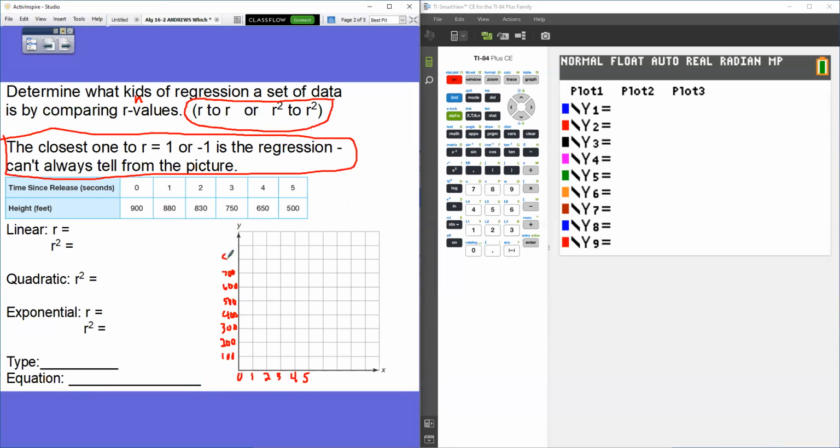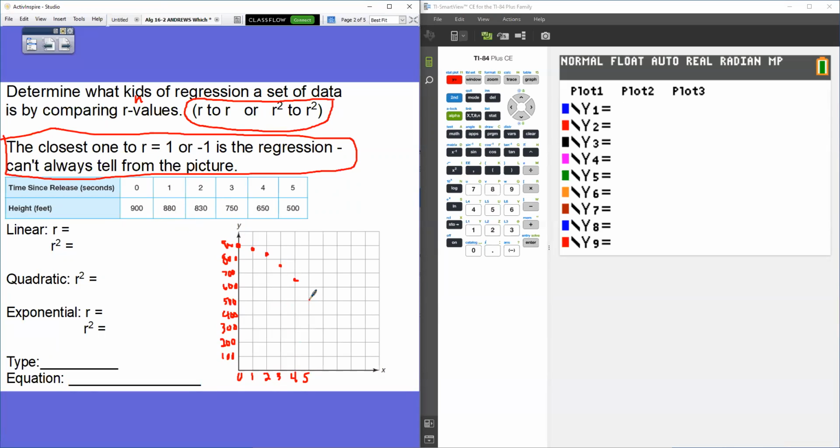So I'm going to go over to 0, up to 900, and put a dot. 1 and 880 would be approximately right there. 2 and 830, approximately right there. 3 and 750. 4 and 650.